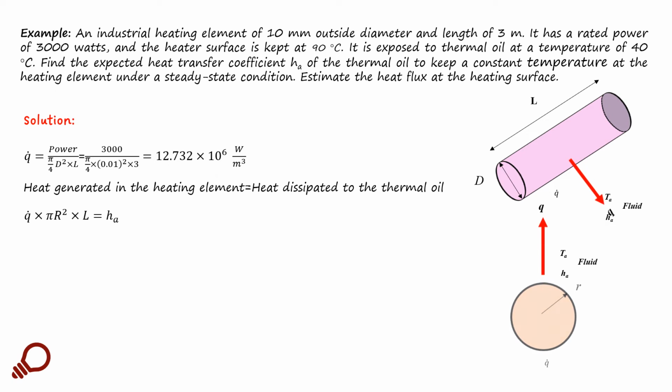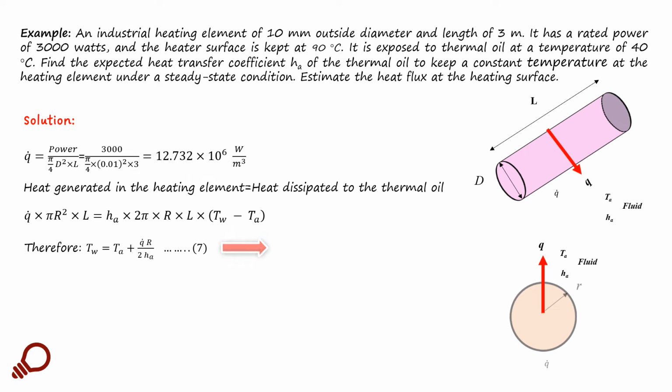If we substitute the values and we talk about the general volume, q dot times pi r squared times L, then we will get Q equal to h sub A times the surface area, 2 pi capital R L, times the temperature difference.